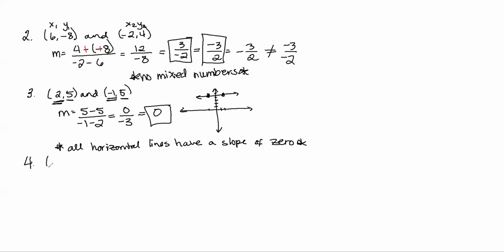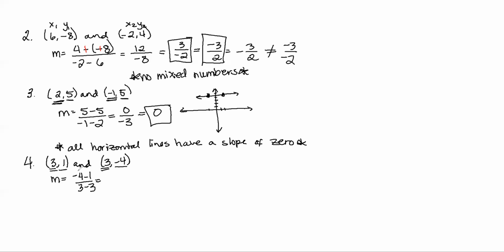Number 4, let's take a look at the points 3, 1, and 3, -4. And so again, let's find our slope. So y2 minus y1, -4 minus 1, over x2 minus x1, so 3 minus 3.